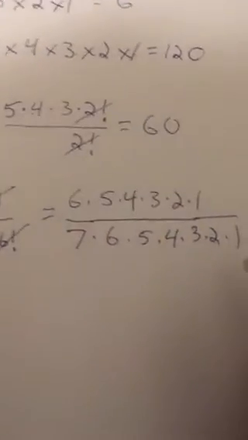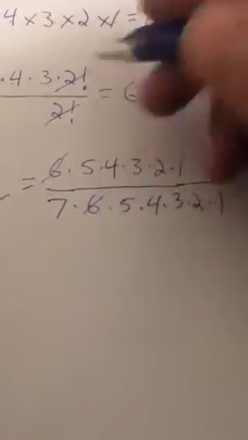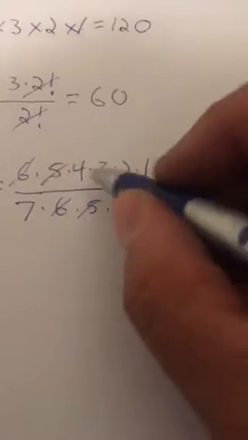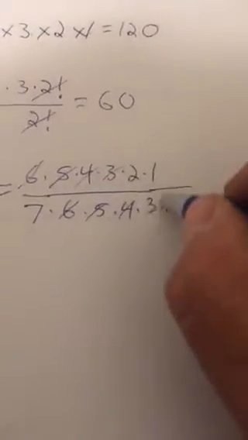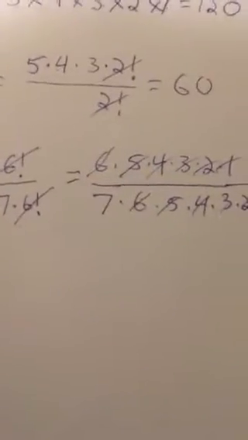So you should see a pattern here. 6's cancel out. 5's cancel out. 4's, 3's, 2's, and 1's, they all cancel out and leave you just with a 7. So the answer would be 1 over 7.